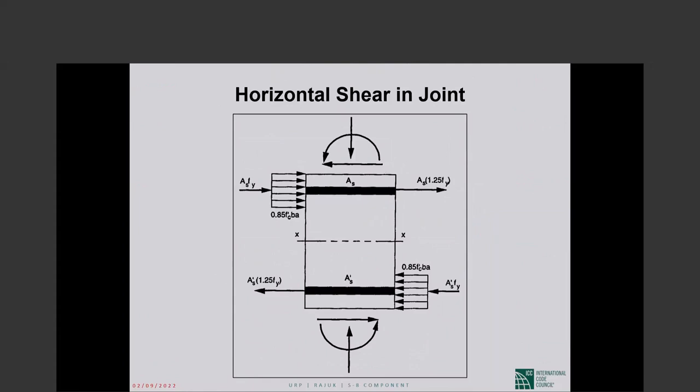Now, joint shear. The shear design of joints used to be like any other shear design. We used to say so much is carried by concrete, and whatever is not carried by concrete, you have to provide horizontal shear reinforcement to resist.